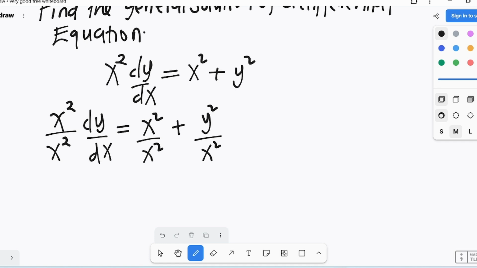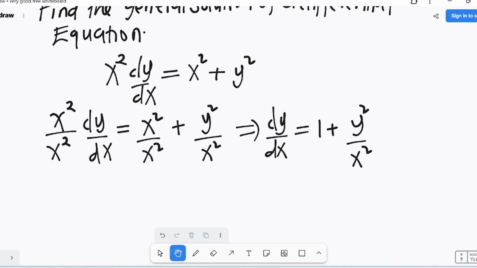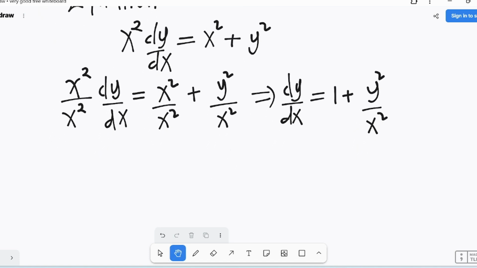Now, if we simplify this, you clearly see that it turns out to be dy by dx is equal to 1 plus y squared out of x squared.